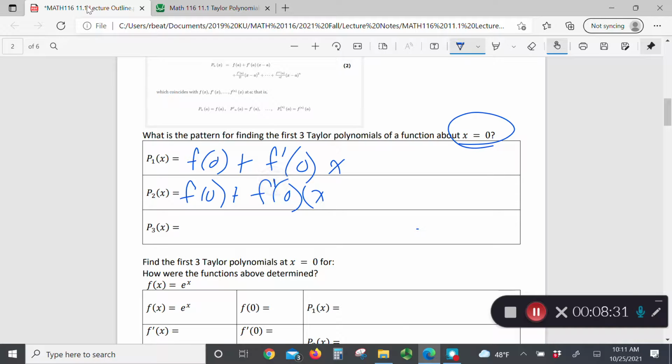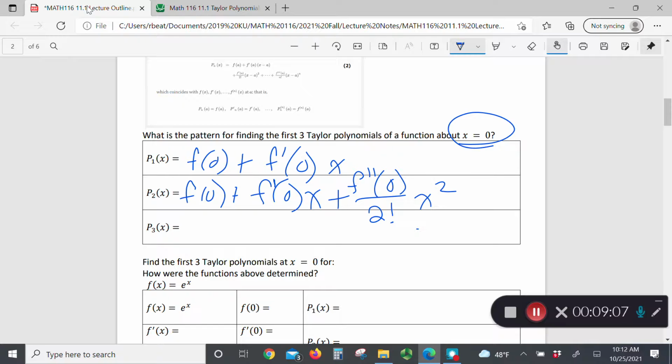So the first derivative times x, actually, I don't even need the parentheses on that, plus the second derivative, evaluated at 0, because remember we're doing this at 0, divided by 2 factorial times x squared, because x minus a, if a is 0, that'd just be x. Notice on the first polynomial, I didn't divide it by 1 factorial, because what is 1 factorial? 1.